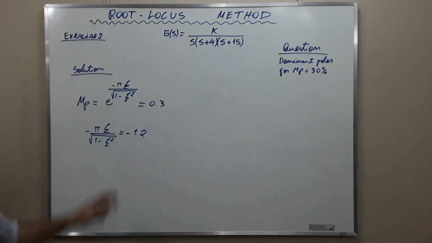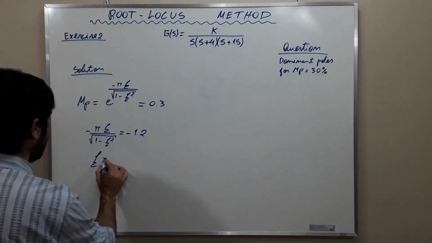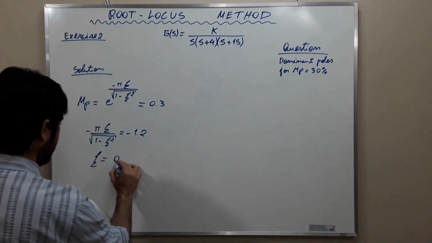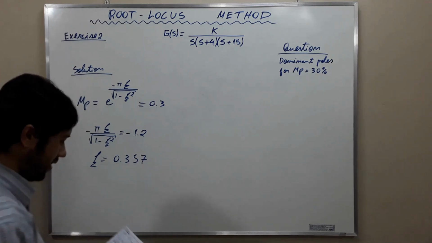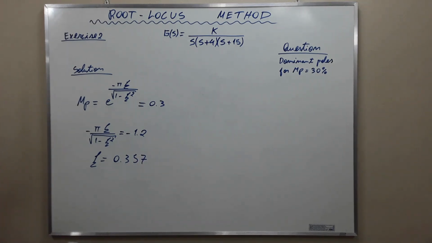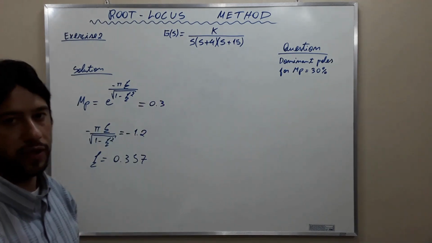From this, we get that zeta is equal to 0.357. And the undamped natural frequency can be calculated using Routh's array. Let's work on the characteristic equation of this system.